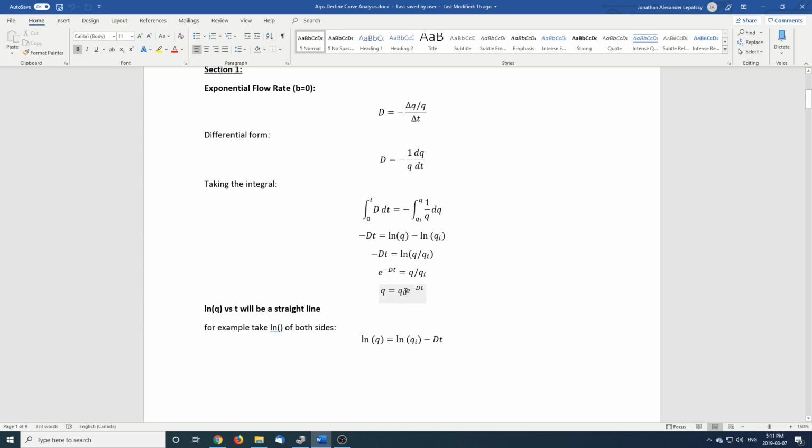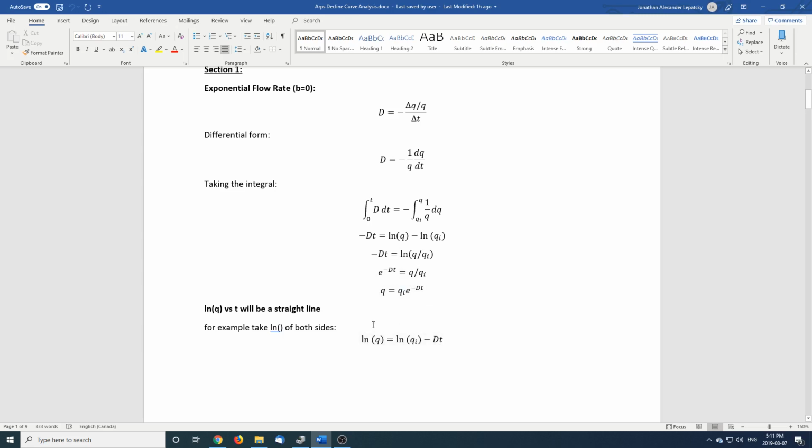You can separate these two, so you'll have log Qi plus log of e to the minus Dt. Here's the log Qi, but the log of an exponential function is an inverse function, so it just becomes what's in the exponent, which is the minus Dt.